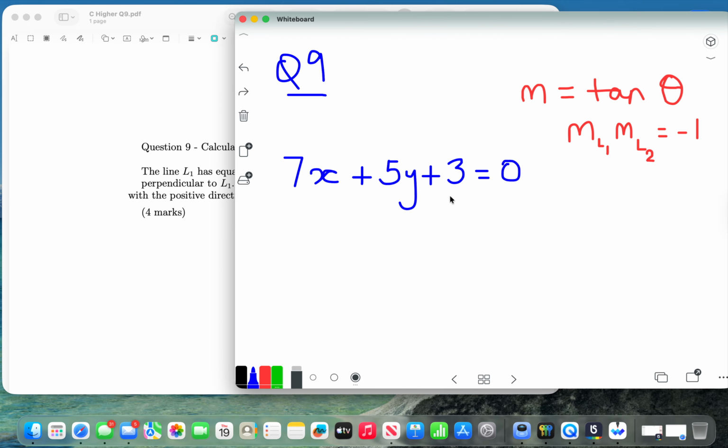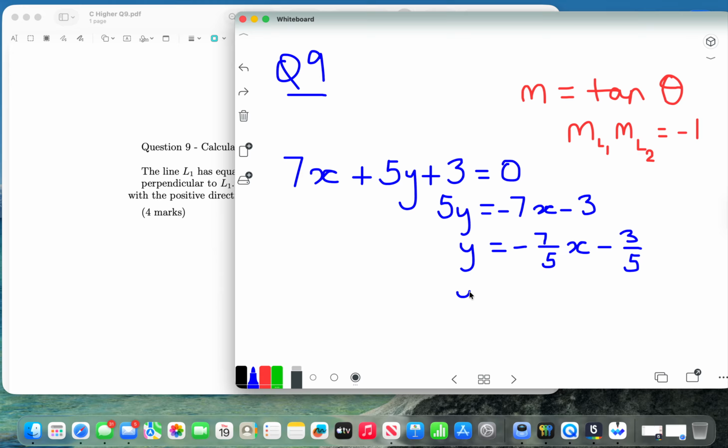We can rearrange this to get 5y equals minus 7x minus 3, and y equals minus 7 over 5 x minus 3 over 5.